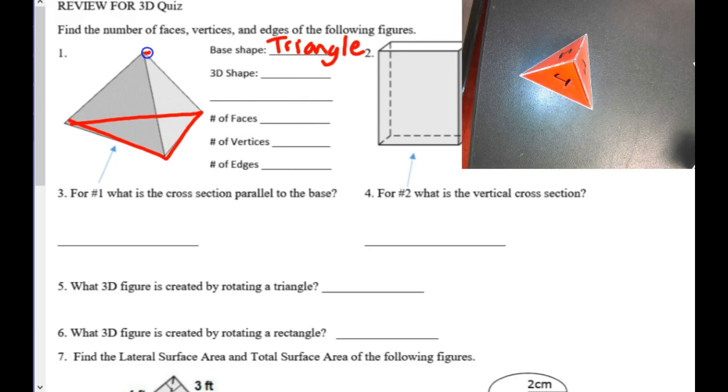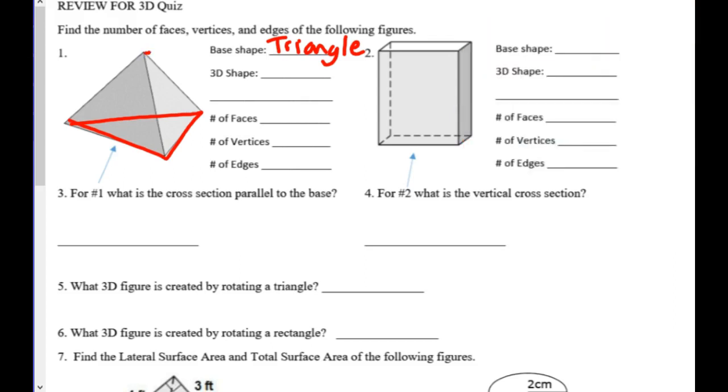Just by looking at the paper, you're supposed to notice that the base is a triangle and it goes all the way up to a point. Well, what do we call it when it goes up to that point? Pyramid, right? So this is what kind of pyramid? The base tells you. Triangular pyramid. Okay?